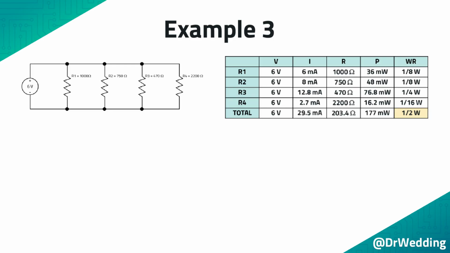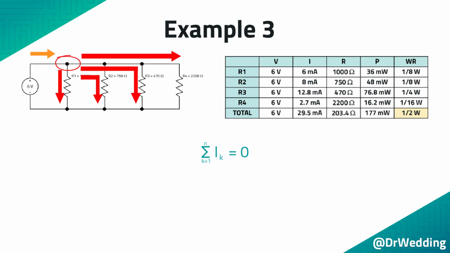Here is the final example. Example 3. Verify Kirchhoff's current law at the highlighted node. As before, start with the equation for Kirchhoff's current law. We know the 4 red currents. They are the currents through R1, R2, R3, and R4. We can use these 4 red currents to find the orange current.